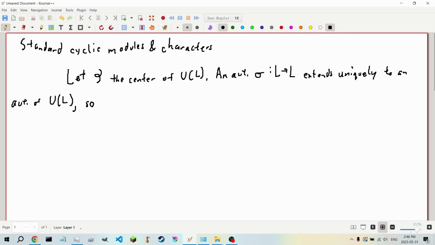Noise is happening, so G, once again, as our inner automorphisms generated by the exponential of the adjoint representation of nilpotent elements, acts on the universal enveloping algebra of L, mapping this thing to itself.